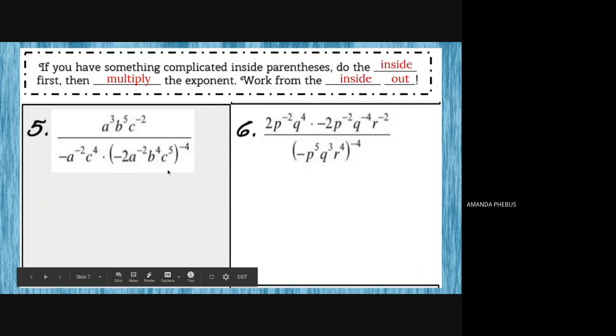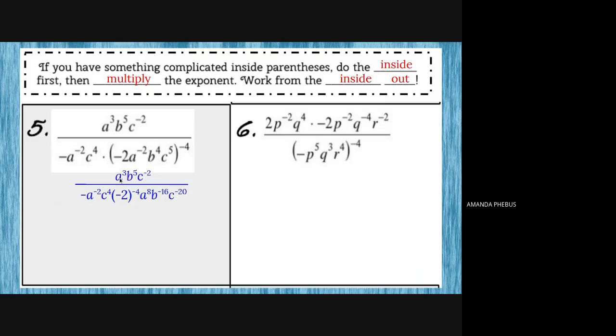Maybe move some stuff, or at least combine the denominator down, and then look at bringing my numerator and denominator together. So, yep, my numerator stays the same. I did -2 to the -4th, a to the 8th, b to the -16th. I'm just multiplying everybody's exponent by -4, c to the -20.